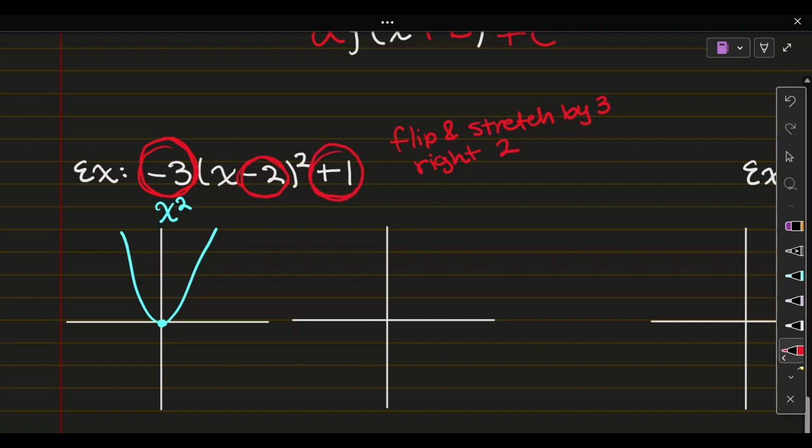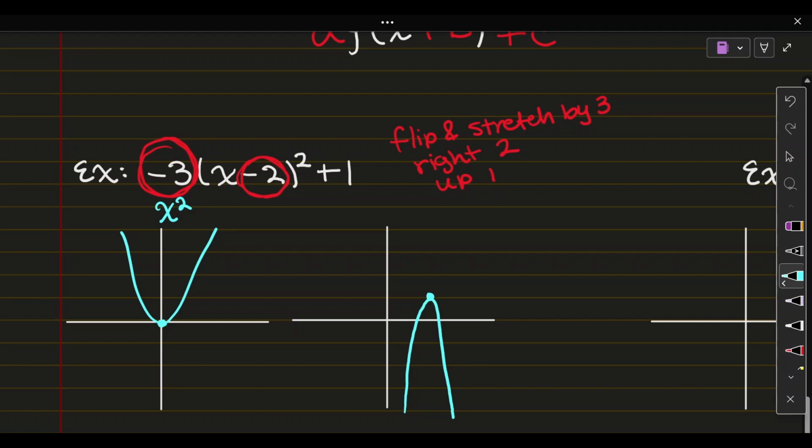And then this one on the outside tells me to move up because it's positive, so I move up 1 unit. So rather than being at the origin, I'm at positive 1. And then I move to the right 2 units, so I'm over here. And then I flip it and vertically stretch by 3. So I'm looking at something that looks like this.